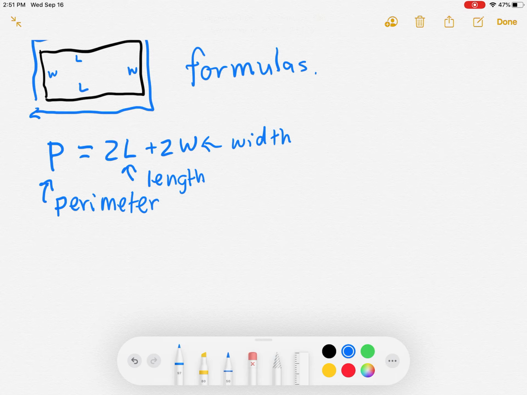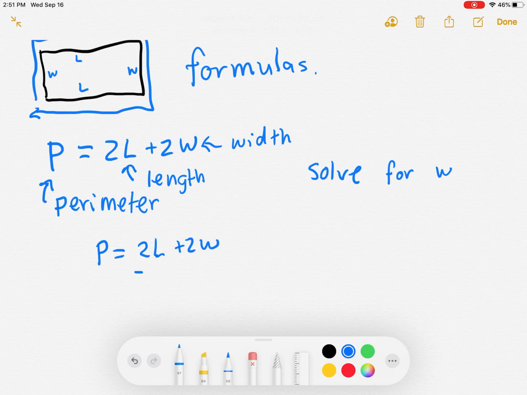Frequently, you will be asked to solve for one of the letters. In this case, we'll try W. So we have P equals 2L plus 2W. So, our goal is to get the W all by itself. What's keeping it from being by itself? It's the 2L, and the 2.